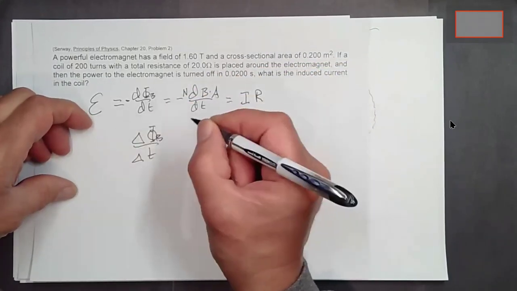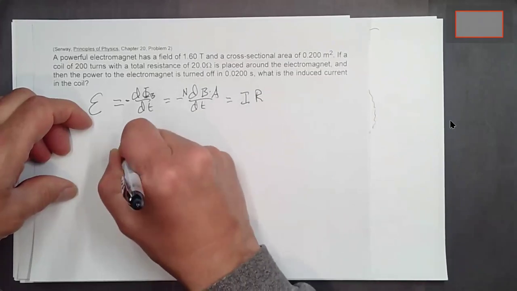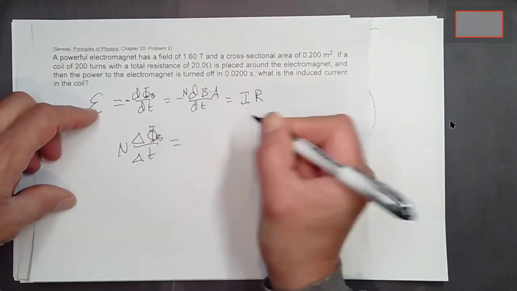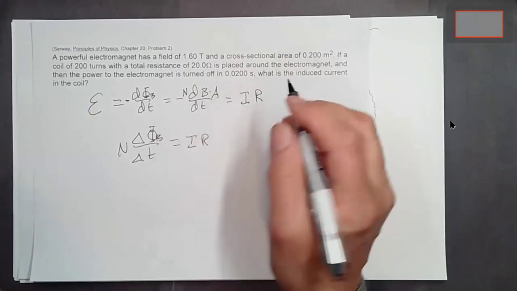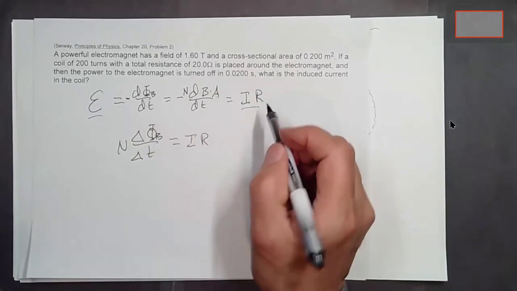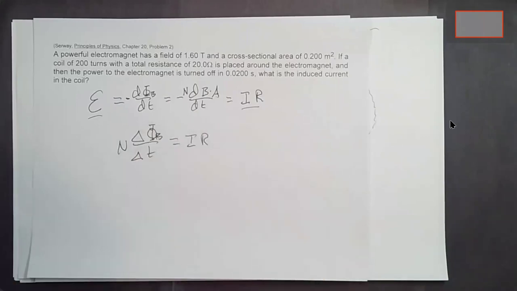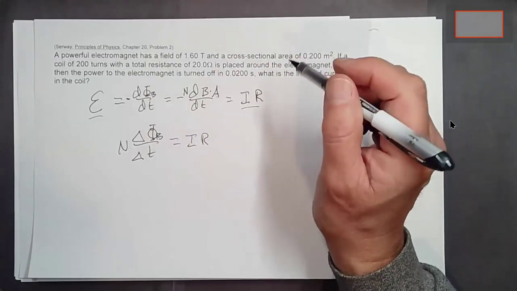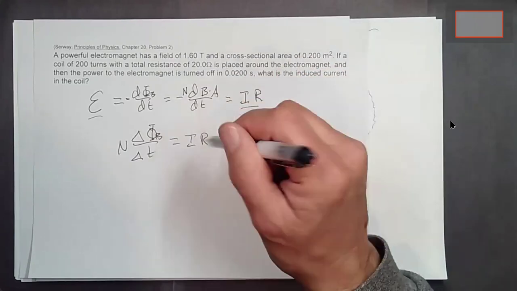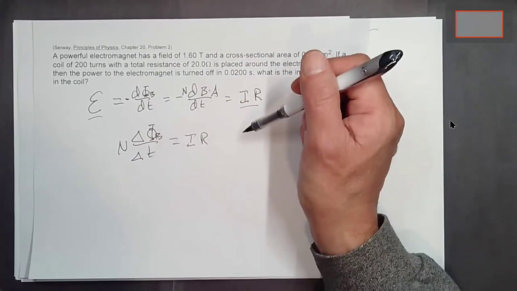And so we'll have N times that equal to the current times the resistance in this case. This is Ohm's law, E equals I times R. So it's not for a particular electronic component, it's for a complete loop of wire, or a coil of wire that we have wrapped around it.